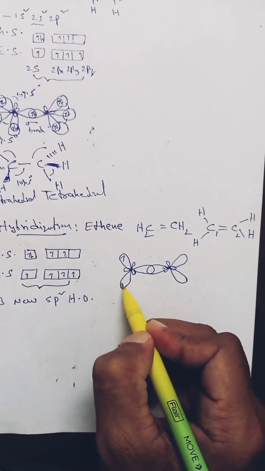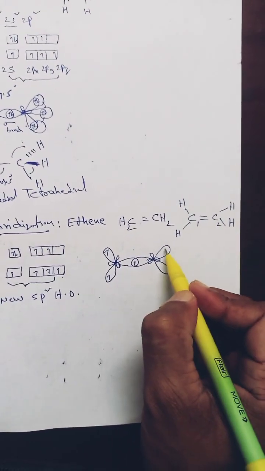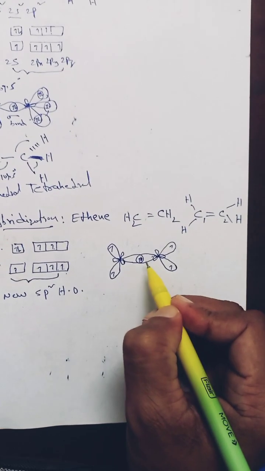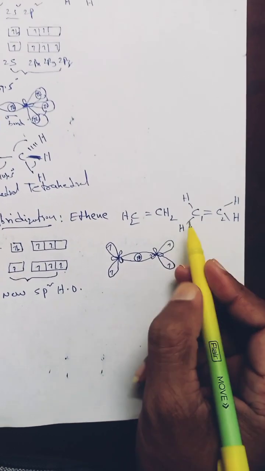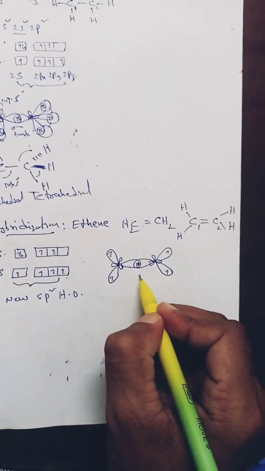Here one electron, here one electron, here one electron. For this carbon also, here one electron, here one electron, here one electron. So these two carbons, one orbital from this carbon and another from this carbon, bond to form a sigma bond.